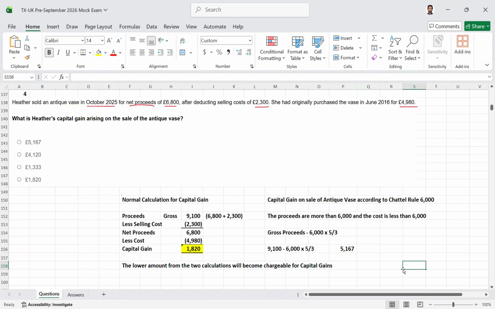At times, I would say more than 90%, the normal calculation ends up having the lower gain. But in this case, the gross proceeds were higher and the cost was quite low. So the gain figure is 1,820.